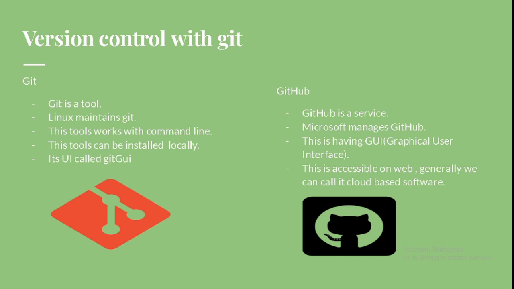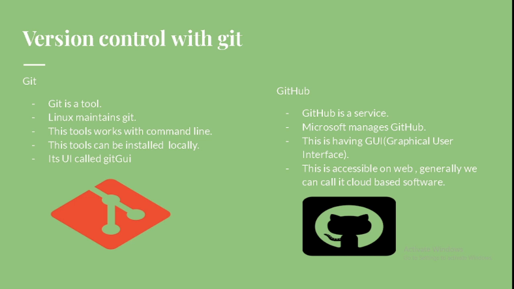So in the same row I can see that Git is a tool, and GitHub is a service. And as we know, some time ago Microsoft took over GitHub, so now the proprietorship of GitHub is with Microsoft. However, Git has its proprietorship with Linux.